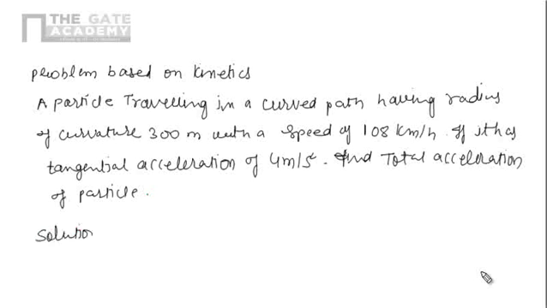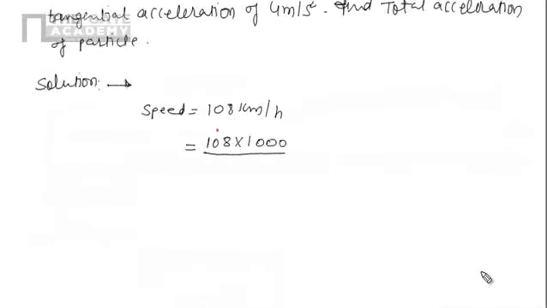Solution. The speed is given, that is 108 kilometer per hour. Let's convert into meter per second. Converting 108 kilometer into meter, we multiply by 1000, and converting hours into second, we divide by 3600. So it will come to 30 meter per second. So now the speed is 30 meter per second.